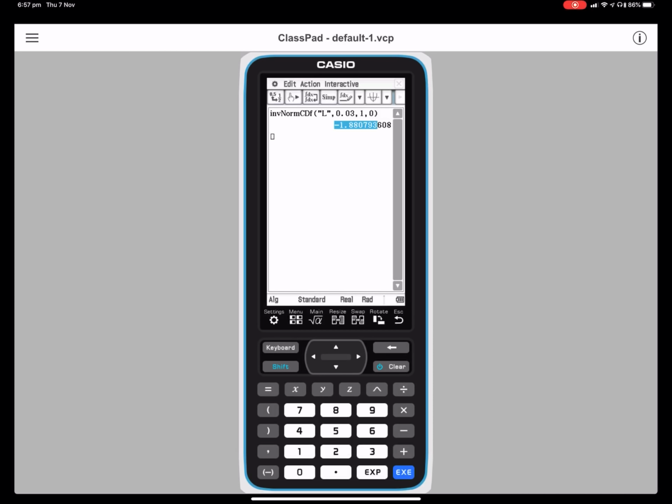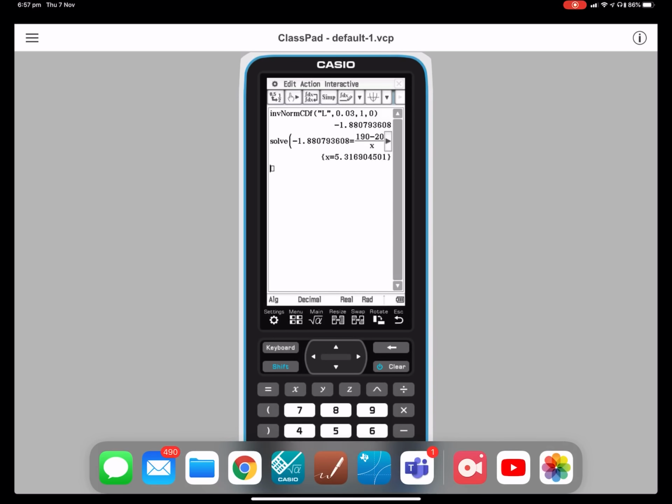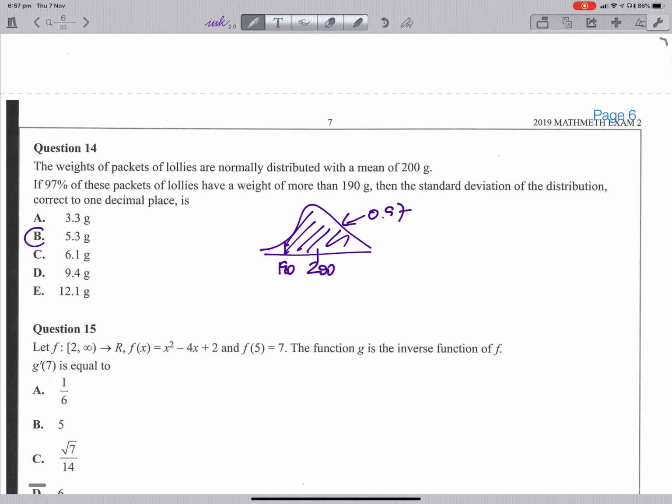That gives you my z value. Z is equal to x, which we know is 190, minus mu, 200, on sigma. Solve for sigma. 5.3169, so 5.3.